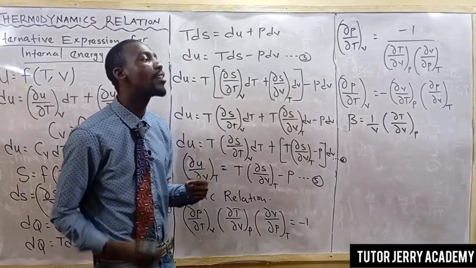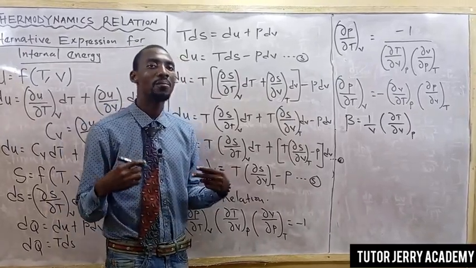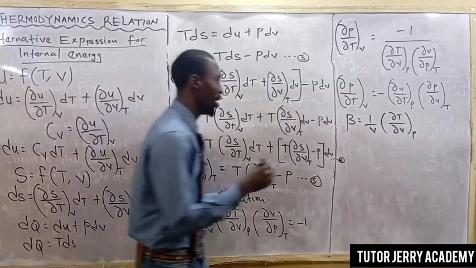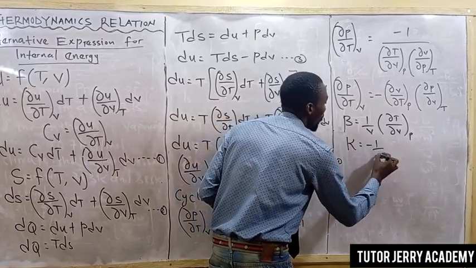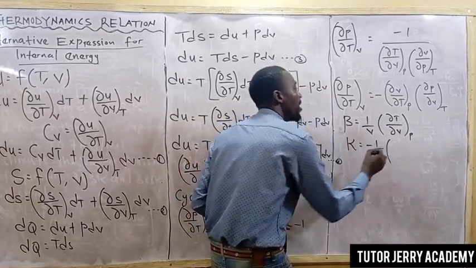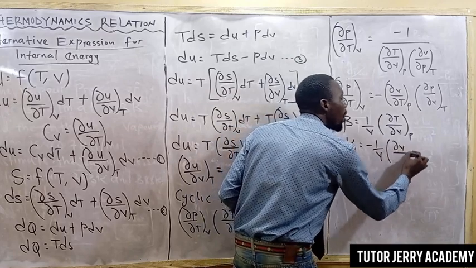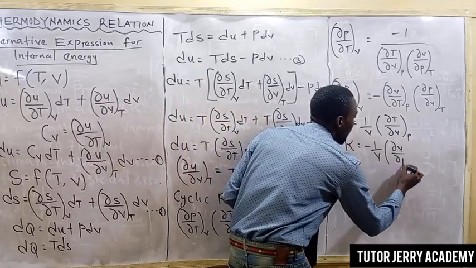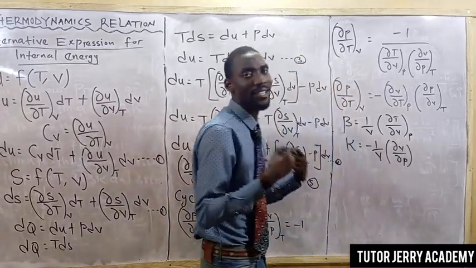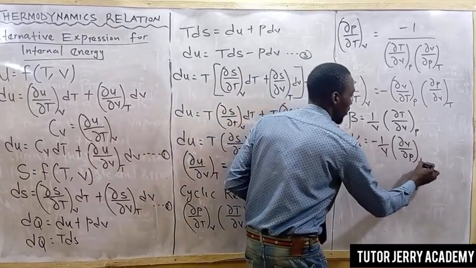And again, we are also going to recall from the compressibility factor that k, which is denoted by k, is equal to minus 1 over V into the partial derivative of V all over the partial derivative of P, keeping T constant.